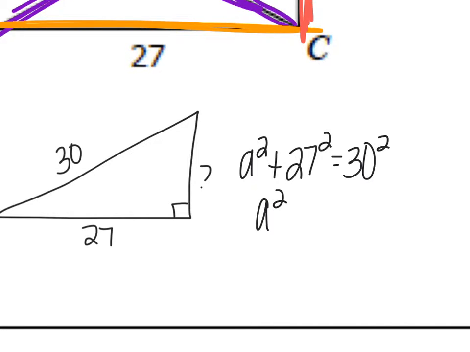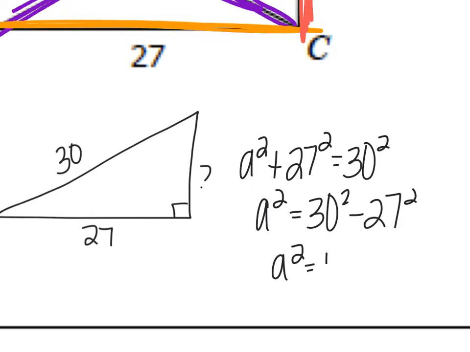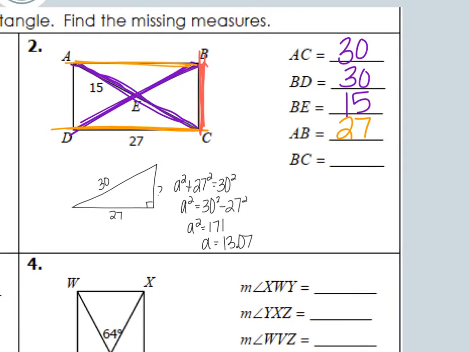So a squared equals 30 squared minus 27 squared, and if I plug that in, 30 squared minus 27 squared is 171. So A is going to equal, when I take the square root of both sides, 13.07. Okay, so the length of this box, or the width of this box, is 13.07.